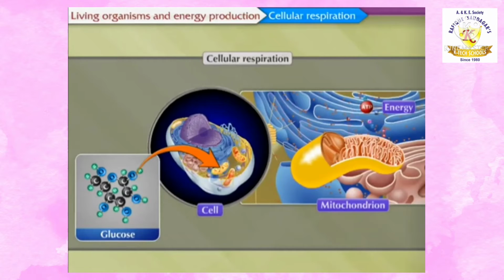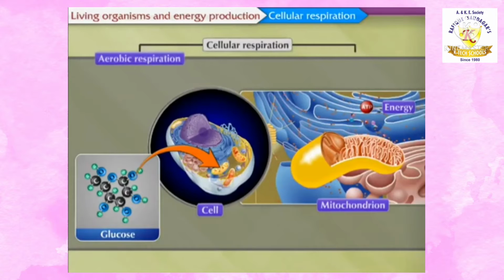Okay. And this cellular respiration occurs among the living organisms by two methods. Aerobic respiration, which involves oxygen, and anaerobic respiration, where oxygen is not involved. So, let us first learn about aerobic respiration.